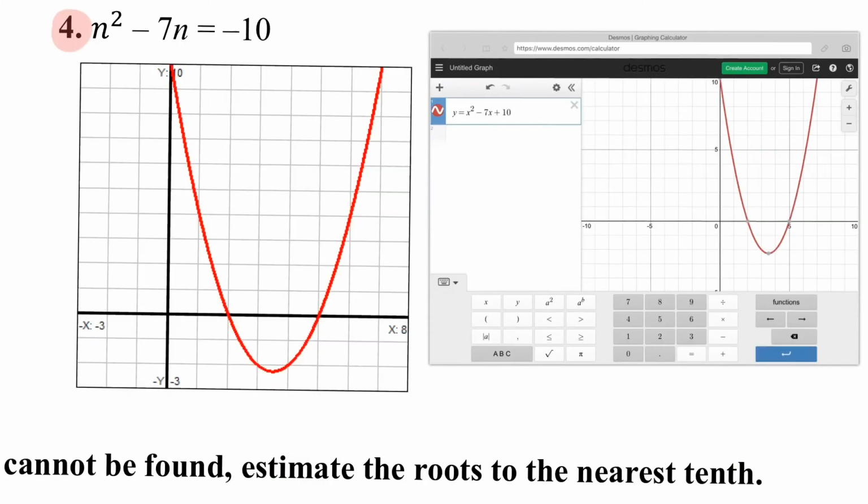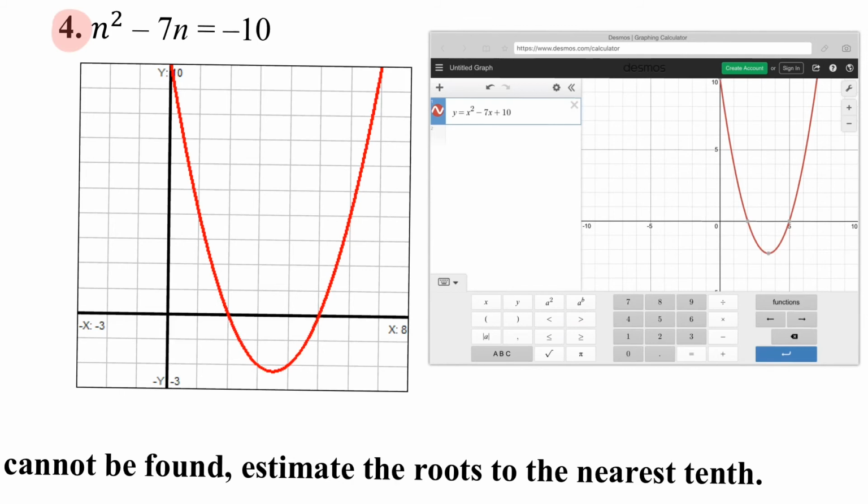Alright guys, so for this one, you don't really need the graphing app because I gave you the graph already made for you, but I did put it in my graphing Desmos app so you can actually see that it is the same graph. What you want to know is where the parabola is crossing the x-axis, which you're trying to solve. If you want to graph it in your graphing calculator or your graphing app, remember that you want everything on one side equal to 0.